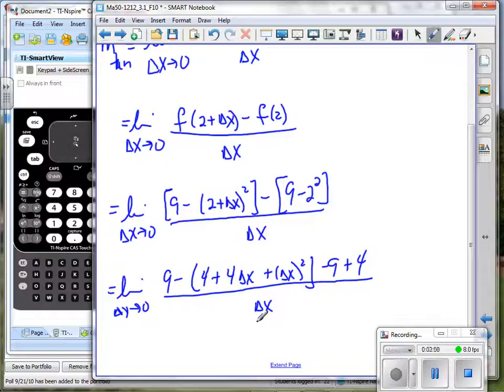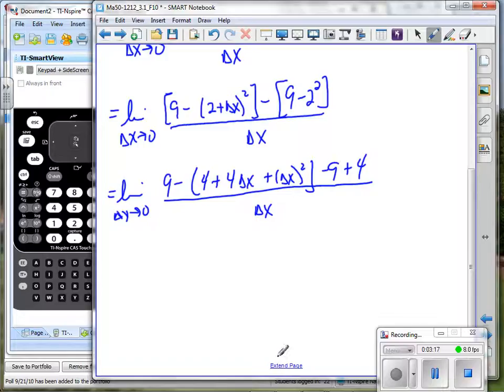So I'm going to have to find some way to get that factor of delta x canceled. And the only way I can do it is if there's something up here that I can factor delta x out of as a factor of the entire numerator. And if we look at this numerator here, this would be 9 minus 4 minus 4 delta x minus delta x quantity squared.